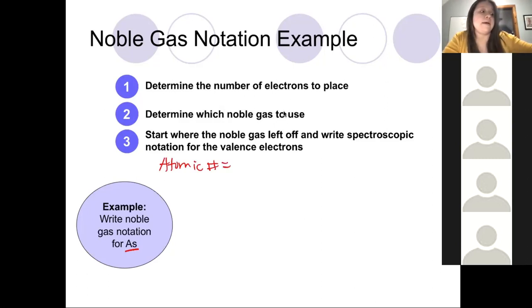What is the atomic number of As? Look in the periodic table. 33. Its atomic number is 33. That means that it has 33 protons.